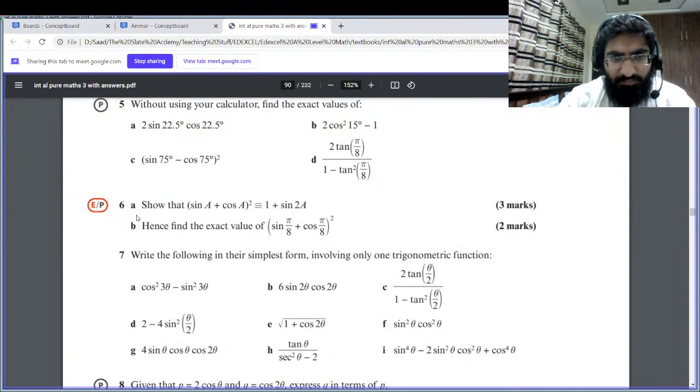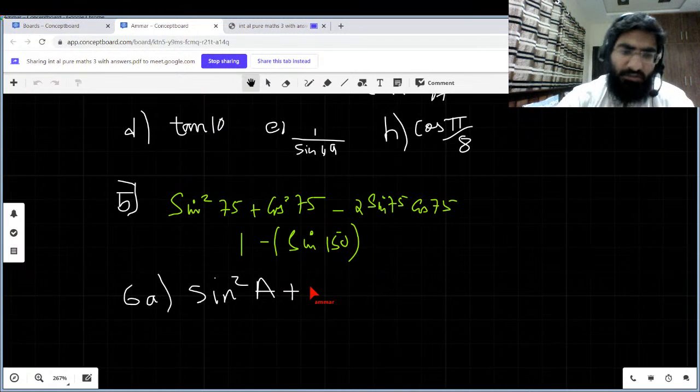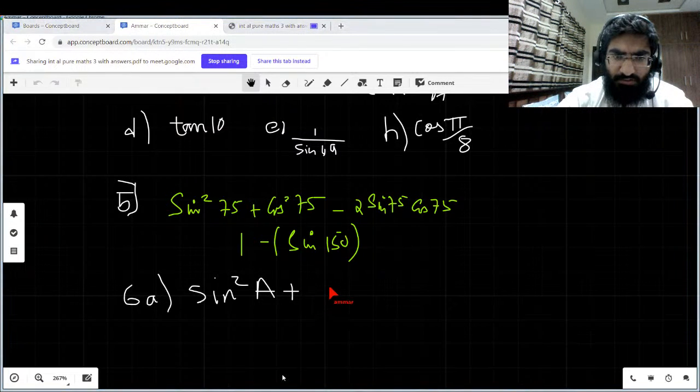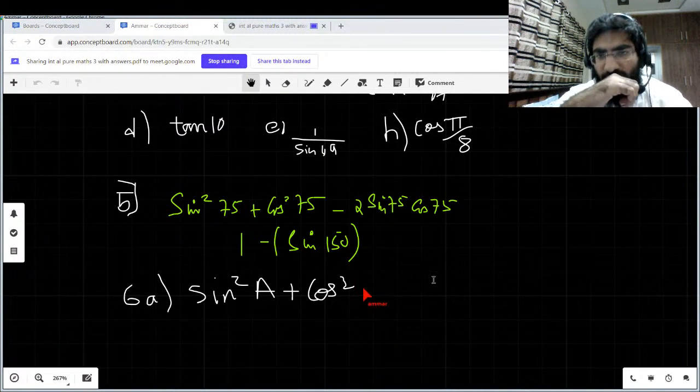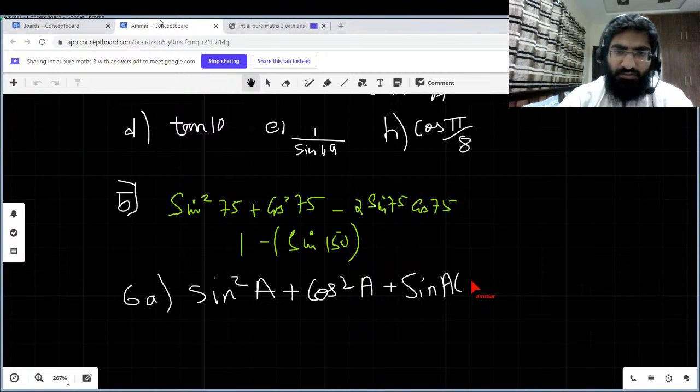Which one now? This six, 6A. Okay, show that. Sine squared A plus cos squared A plus sine A cos A. Sine a cos a or 2 sine a cos a?